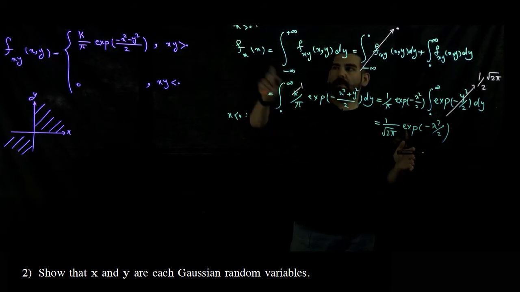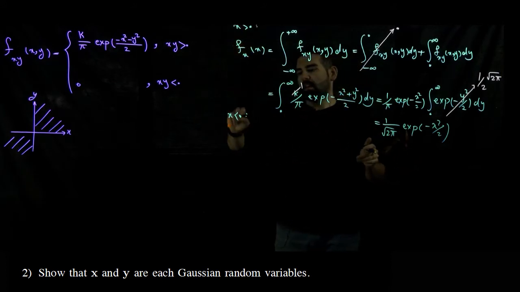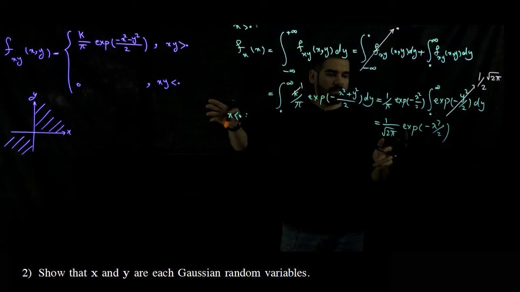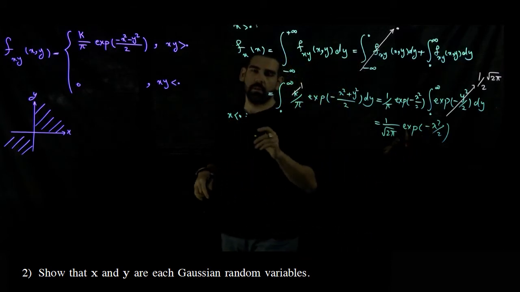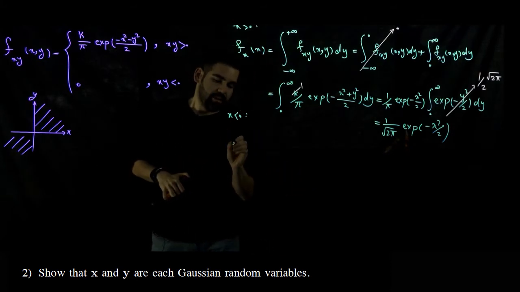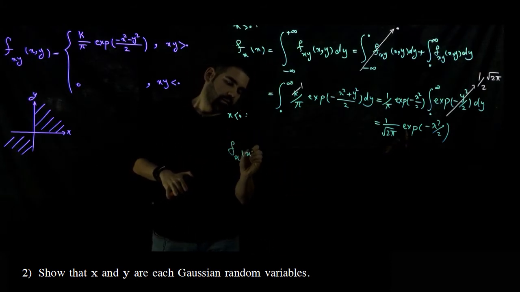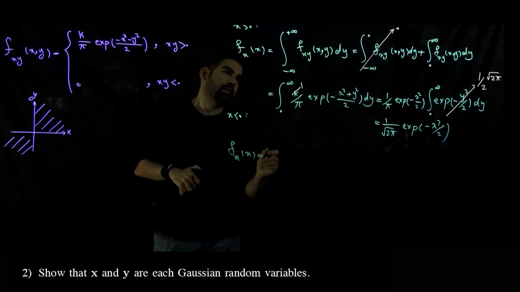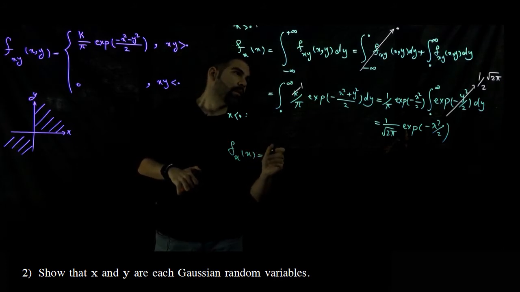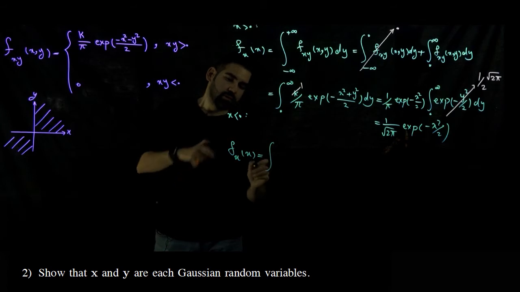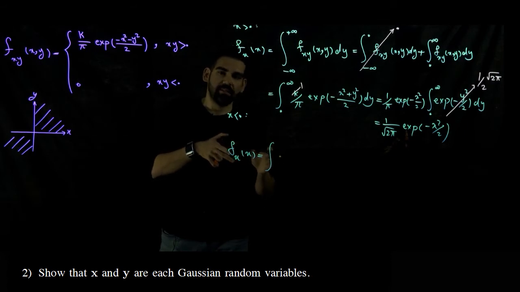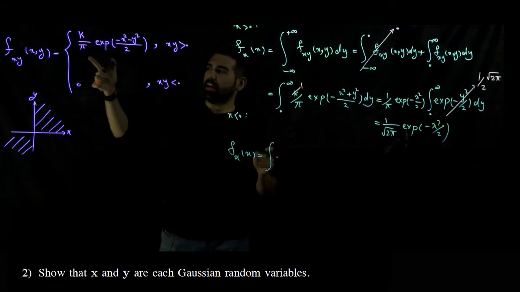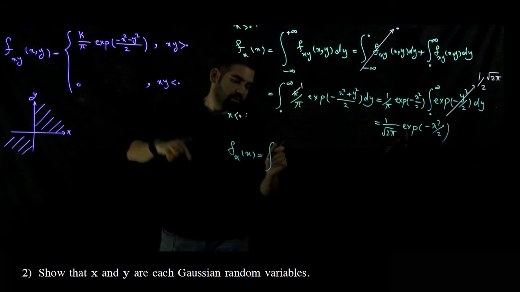But this holds only for half the axis, and we need to show that for the other half the same formula holds. So for this half we have fx of x equals: if x is negative, then we need to do the integration over the negative part of the y-axis so that xy is positive and the joint PDF is non-zero.